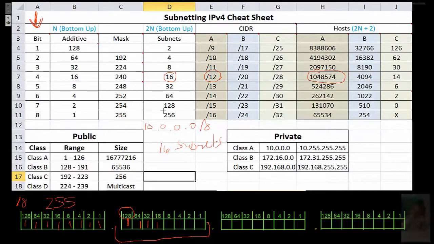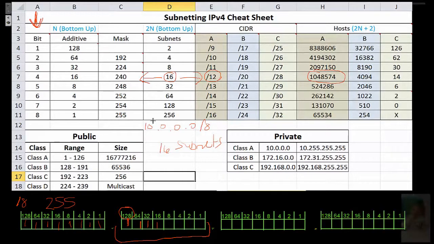Well, we could quickly glance at our chart and understand, well, how many subnets do we need? We need 16. What does that tell us here? Well, it tells us a mask value, the additive of the networks, the bit that we're going to enable, what the CIDR becomes, how many hosts are going to be available per network.